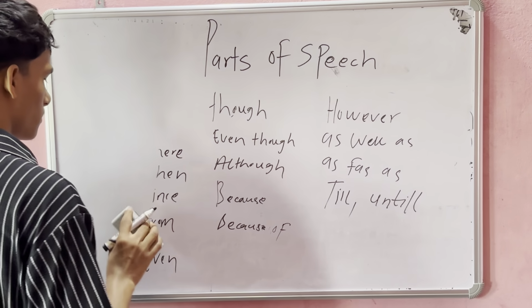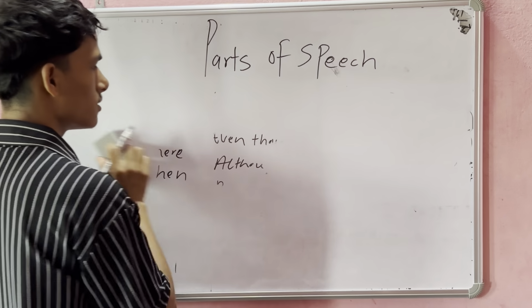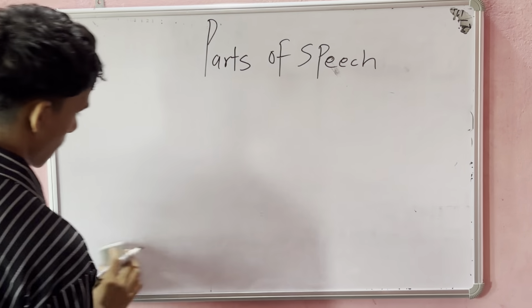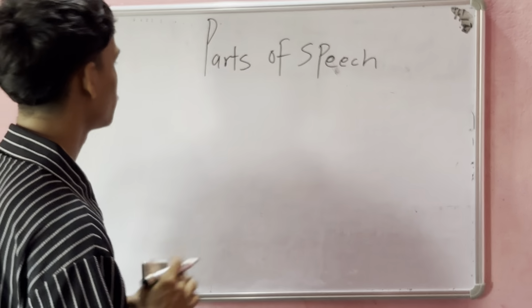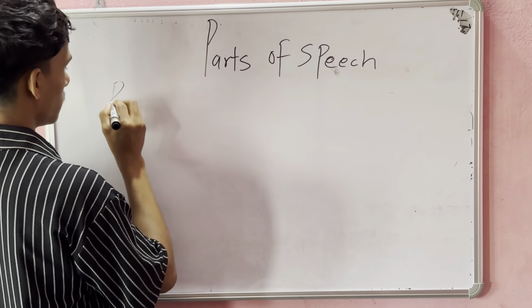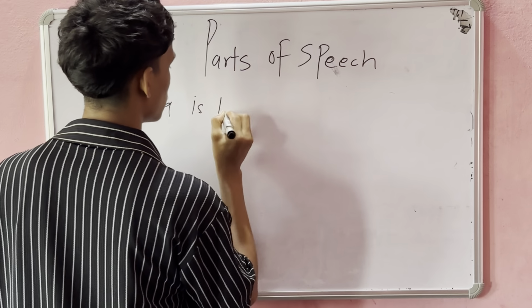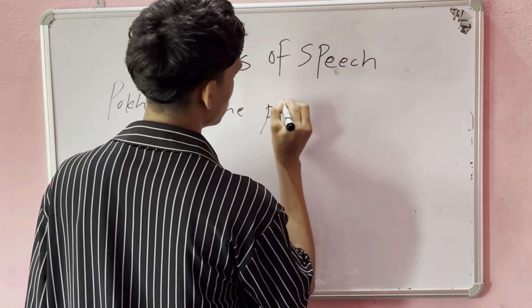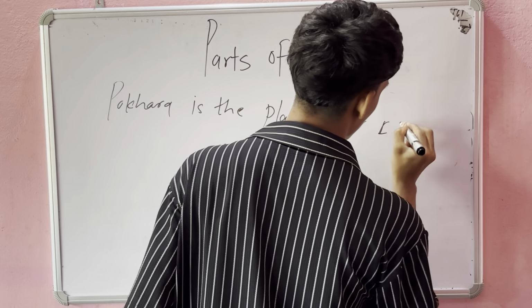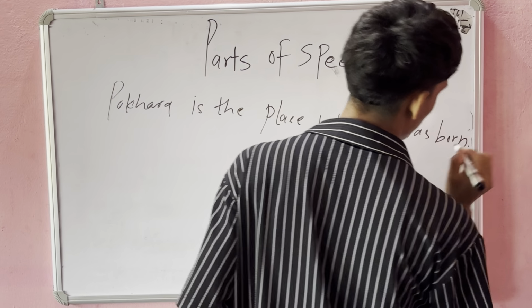So let's see some examples for the conjunction. Pokhara is the place where I was born.